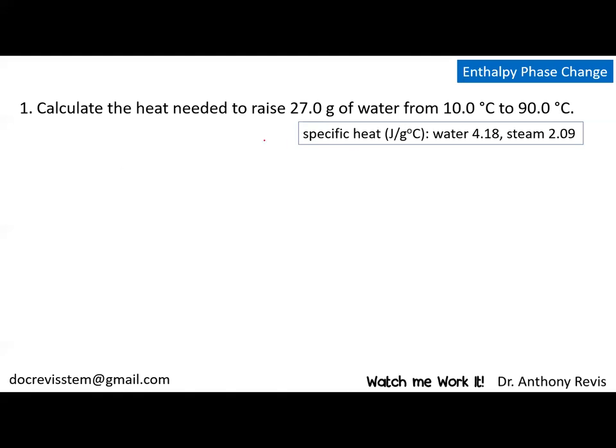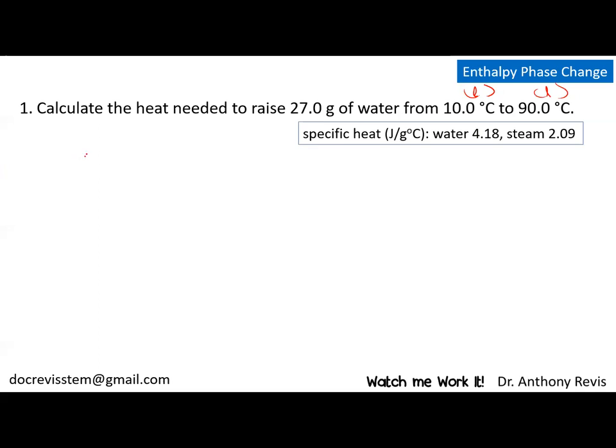Okay, so what we note here is that at 10 degrees C, this water is a liquid. These are things you just have to know. So this is a basic liquid transition, if you will. So no phase change here. When you do these types of problems where there's no phase change, it's going to involve a temperature change.